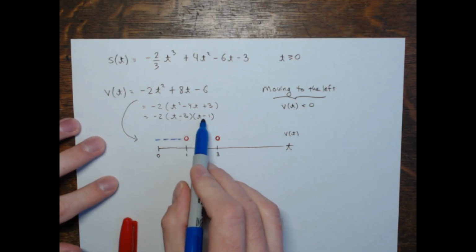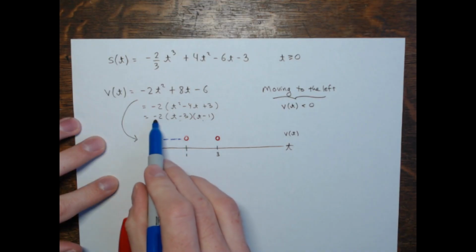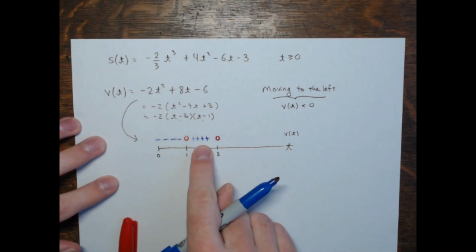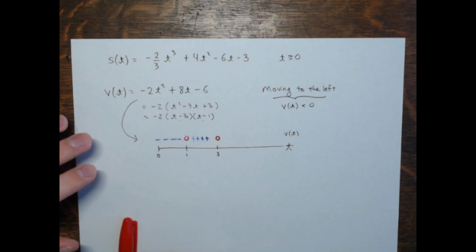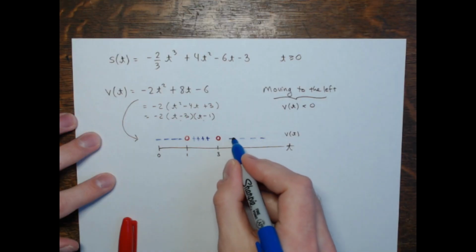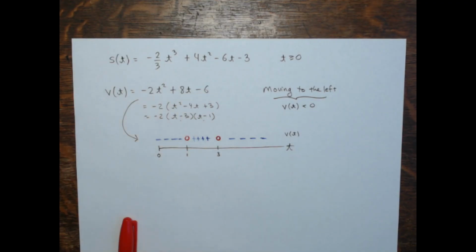In the factored form, that's negative, positive, negative, so a positive overall. So I have positive velocities between 1 and 3 seconds, and then to the right of 3, negative again. You can plug in a million, a billion, to see that this is definitely going to be a negative value. Or plug in 4 and you can see it's negative.